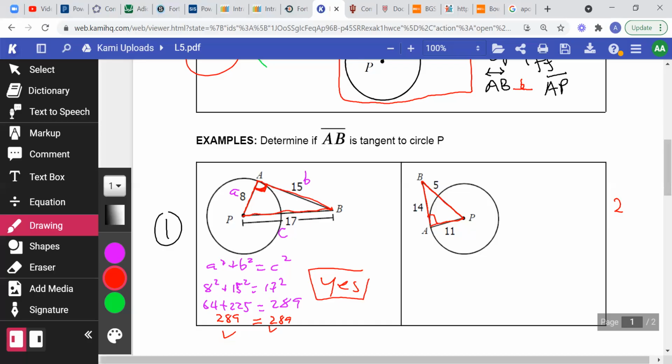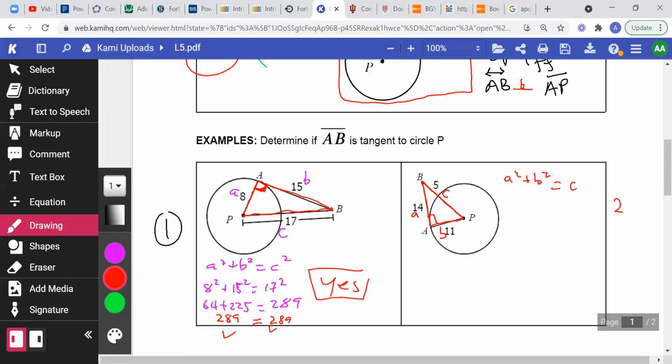Don't look at the numbers, just base your assumption on your knowledge of the Pythagorean theorem. Assuming there were no numbers here, this is the longest side, as we can see, and the other sides are just the legs. According to Aiden, A squared plus B squared is C squared.